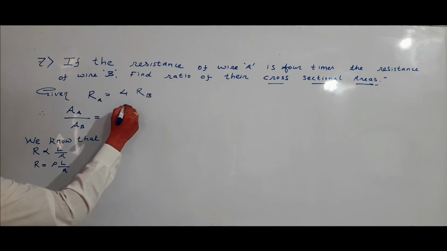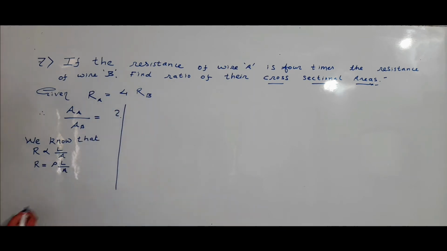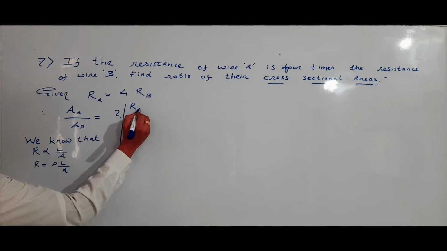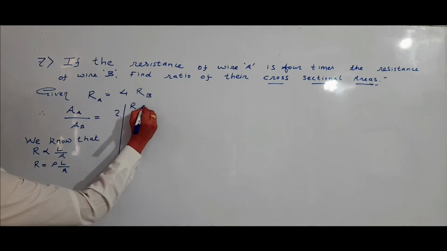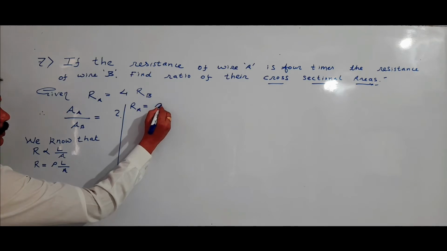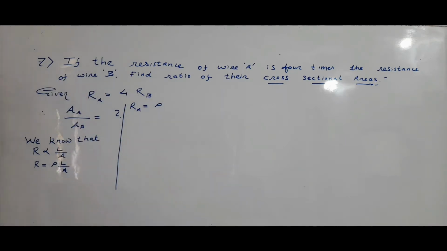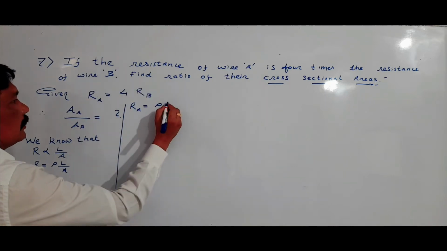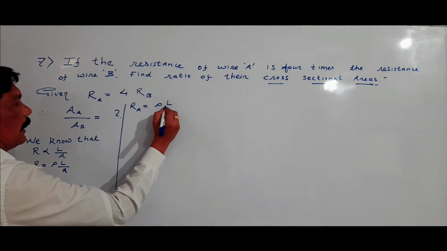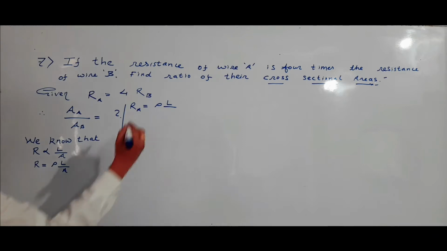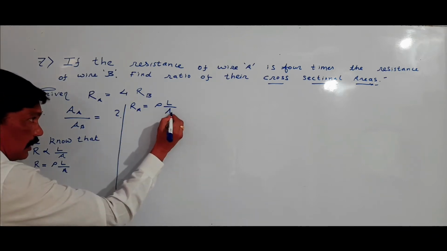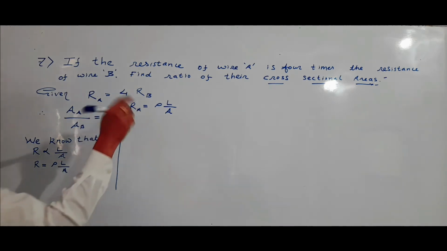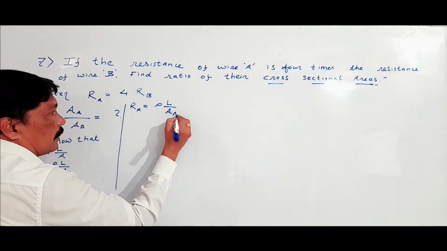From this we can write R_A is equal to the constant resistivity of a material into length upon area of cross section of wire A.